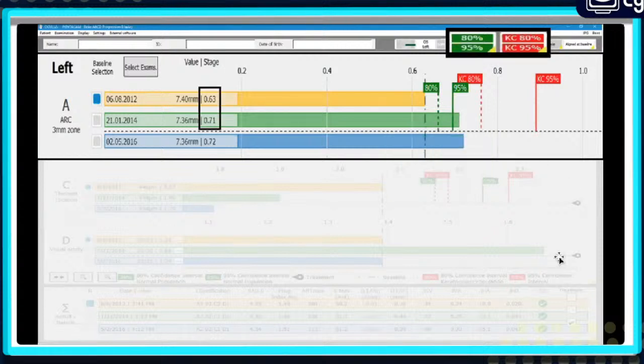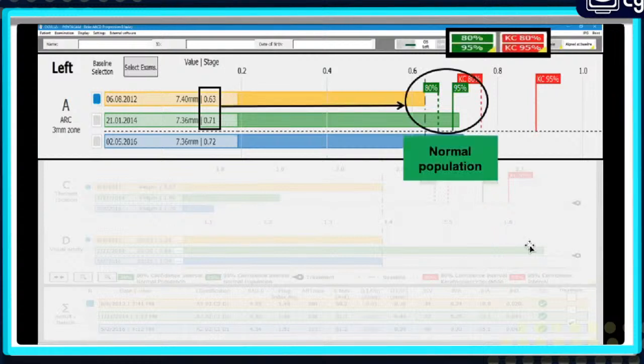In this example, you see in the box that the A parameter or anterior cornea has a grading of stage 0. So like we said earlier, since very early or subclinical disease more likely resembles normal population values, in this case, we will use normal population confidence intervals to determine if there is progression.